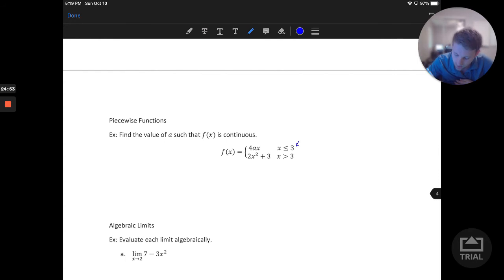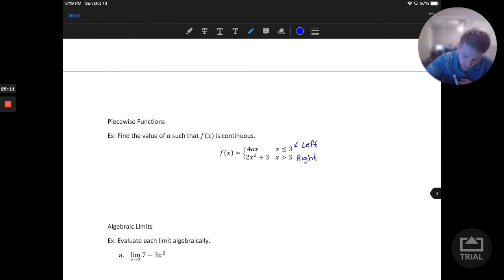So let's consider first the right-sided limit. Or excuse me, we'll do the left-sided limit. Right and the left. So here we know a little bit more about our right side. So we'll try that first, and then we'll consider the left as well.